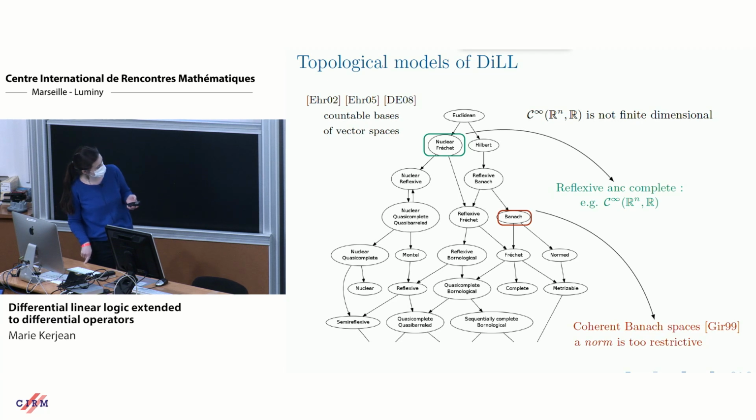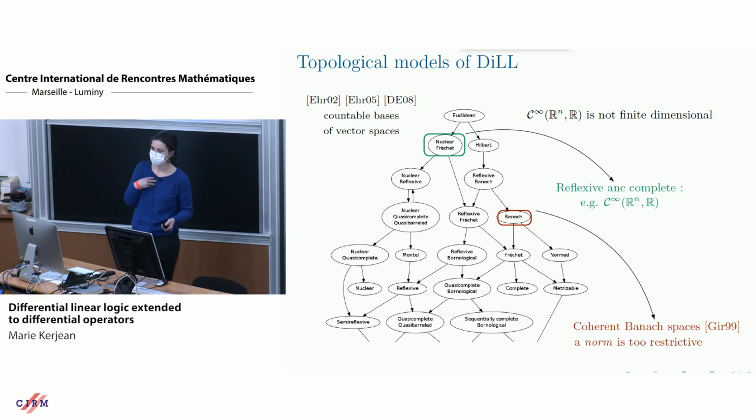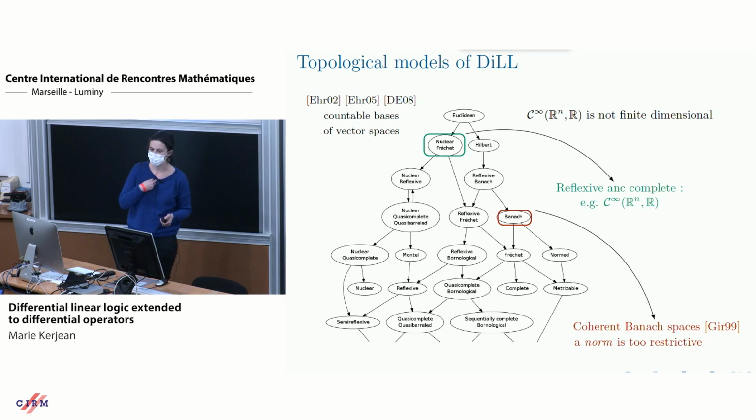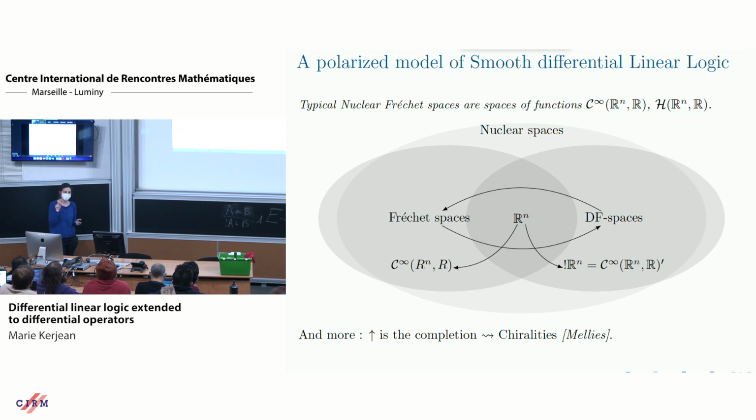And we are going to go towards this one here, which are nuclear Fréchet spaces. And nuclear Fréchet spaces are like saying, okay, I can't be finite dimensional, that I know. I can't be normed, that I've learned because Girard tried it. But I'm still going to be metrizable. Let's still take a metric on my space, and this is going to work until some point where duality is going to leave your space.